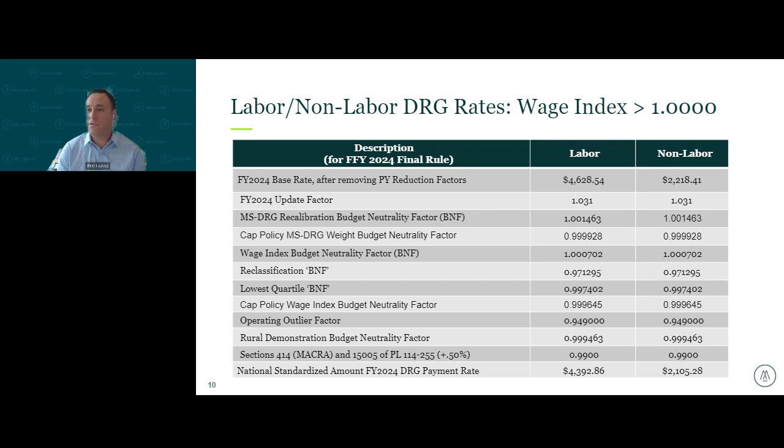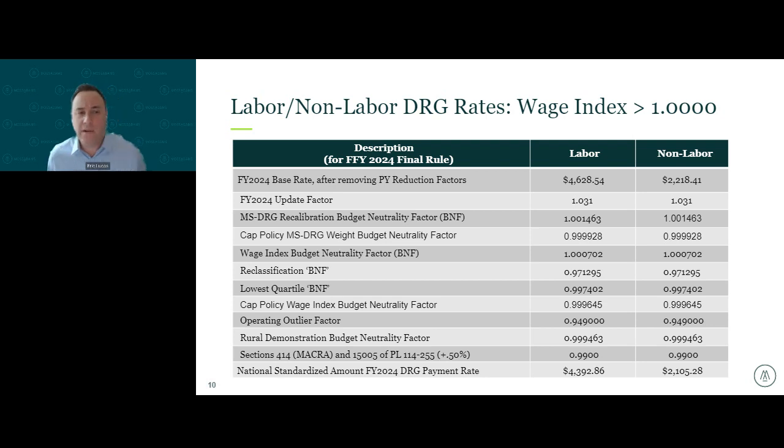And rather than going through every one of these things, I really just wanted to point out that when we talk about, say, the wage index sections, there's going to be a wage index budget neutrality factor that's going to offset any changes that had to be made for a specific wage index provision. But the other one I wanted to point out is the operating outlier factor. This isn't new. This has always been there. A portion of the rate is adjusted out to reflect the additional payments needed for outlier payments, which are targeted at 5.1% annually, but is a projection. They can never fully get that perfect.